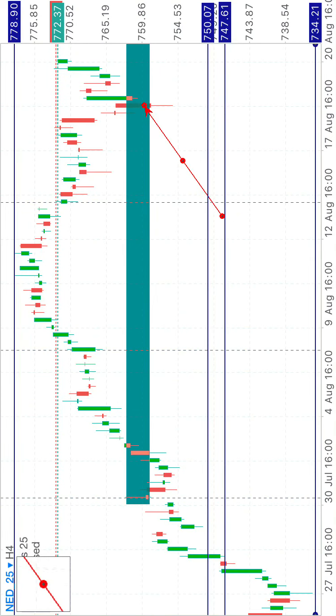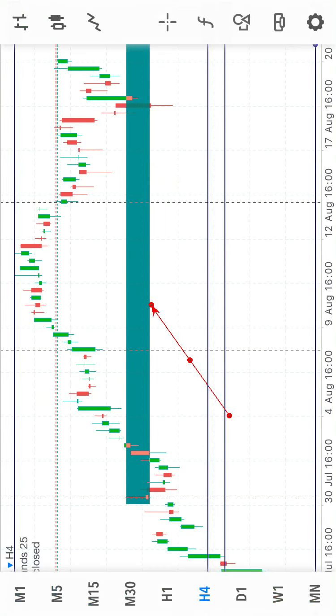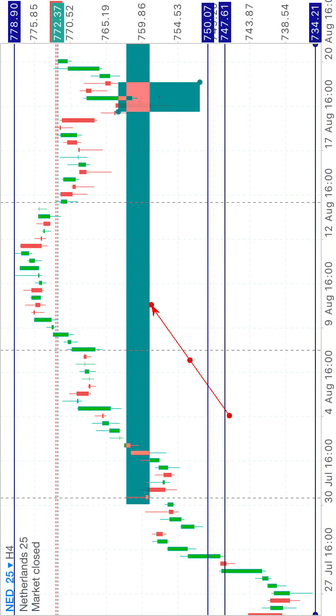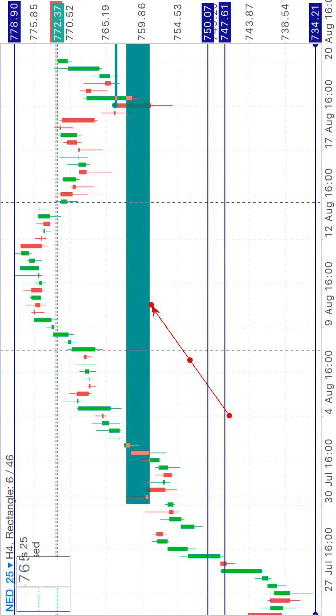So if you can check here, prices have retested this zone, and also on H4, prices have created the order block here. There's an order block in here around this support.